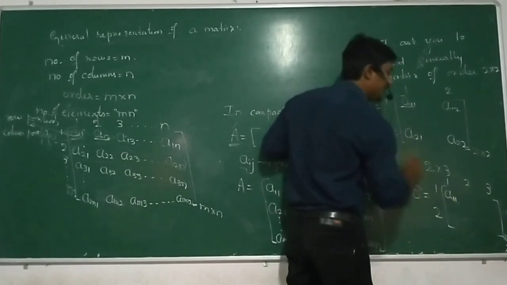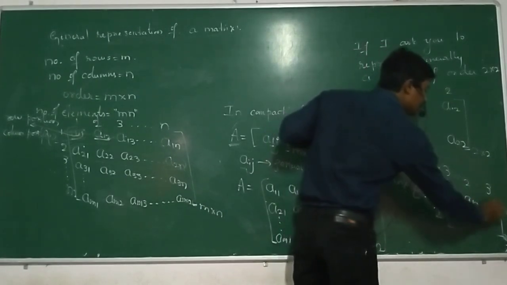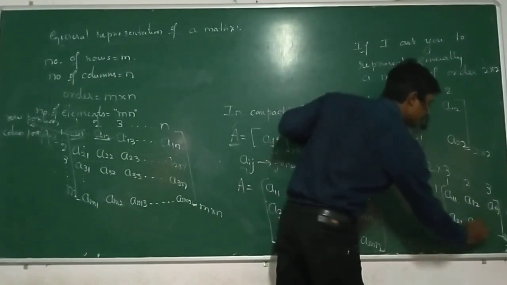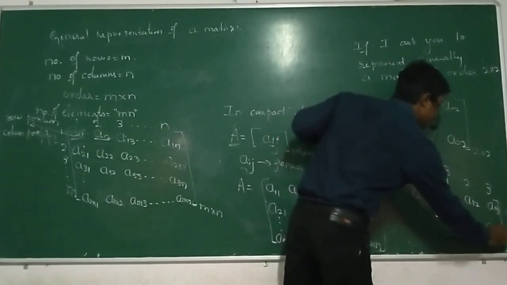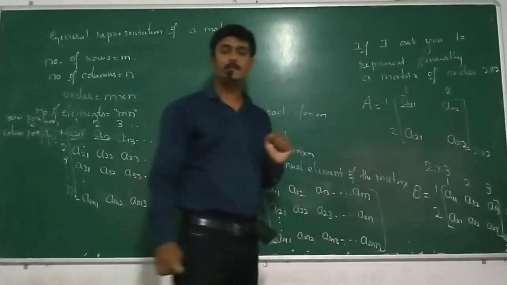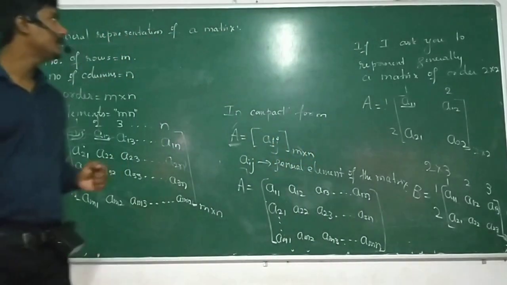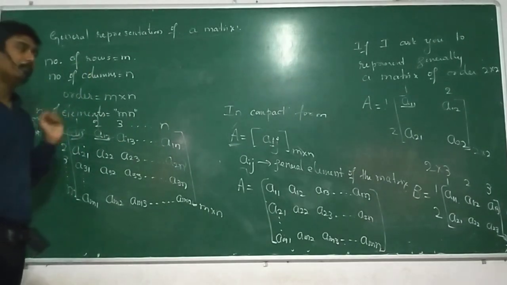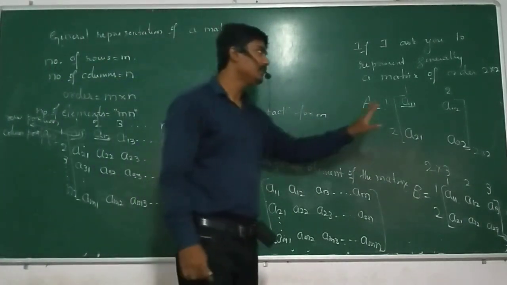Here the elements will be A11, A12, A13, here A21, A22, A23. This is how we represent generally a matrix of any order by using the position of the element.